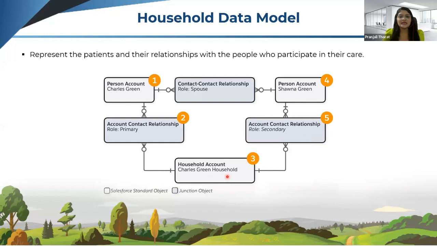Sean is a secondary contact for the household account record, and Charles has a contact relationship with Sean because Sean is Charles' wife. Okay, so that's it for the household data model. Moving forward with the next data model.